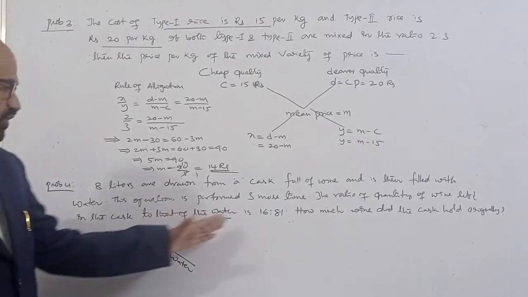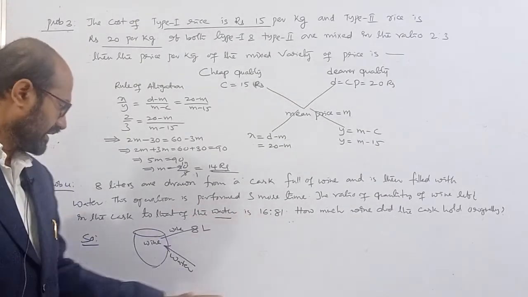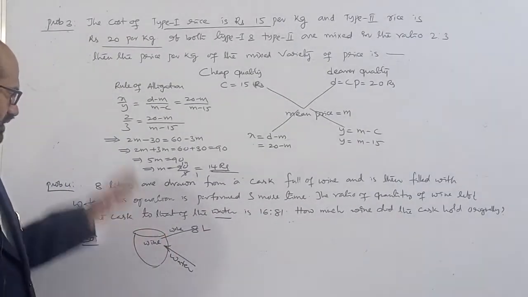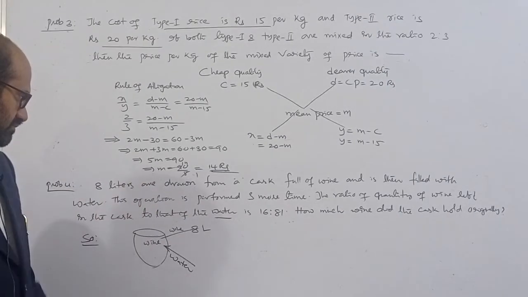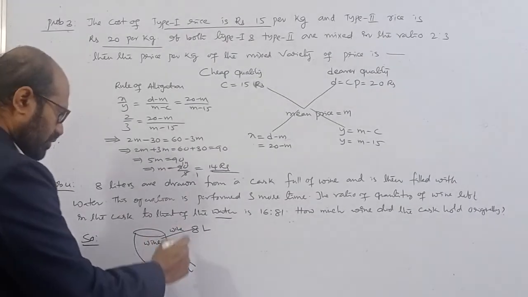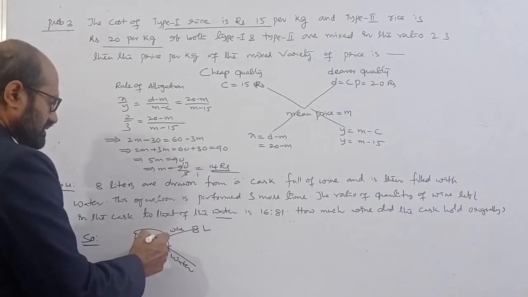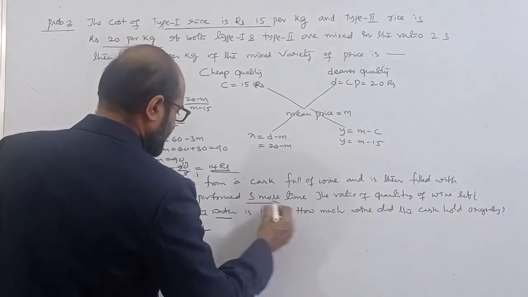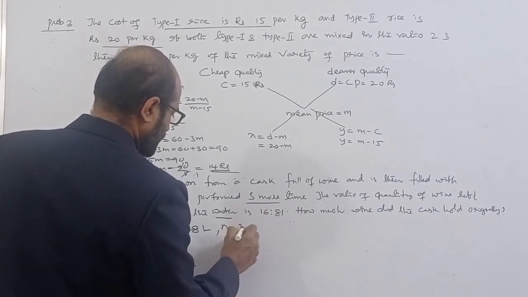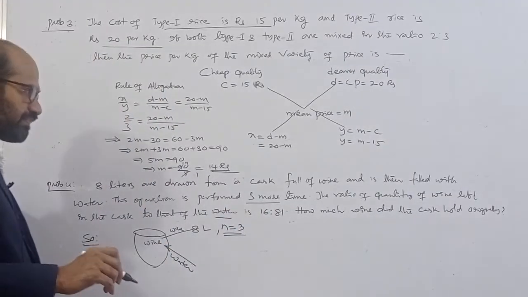So 8 liters of wine is removed and 8 liters of water is added. This operation, removing 8 liters and adding 8 liters, is performed 3 more times, so the total number of operations is 4.